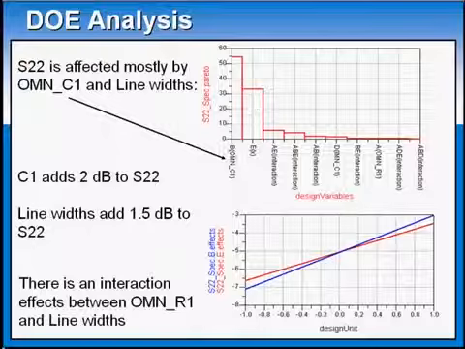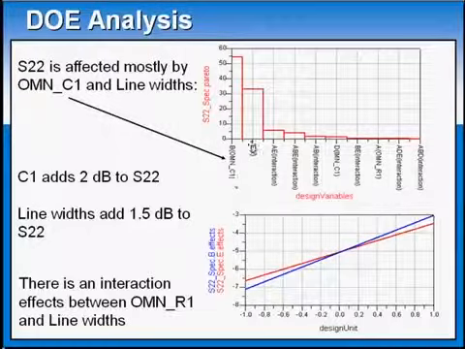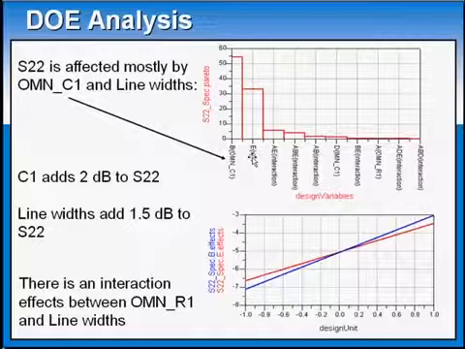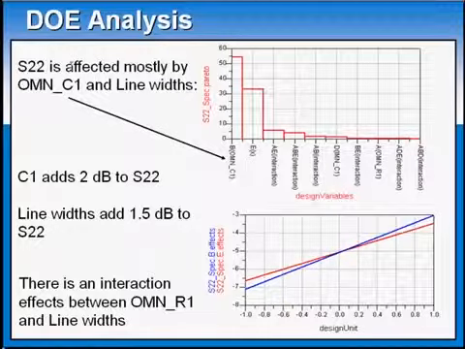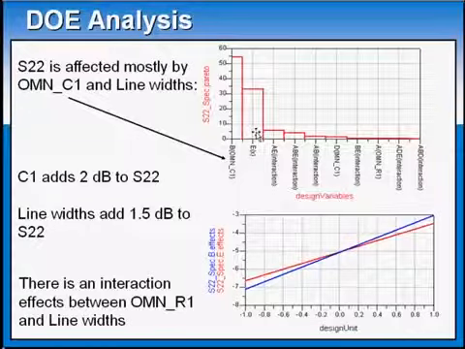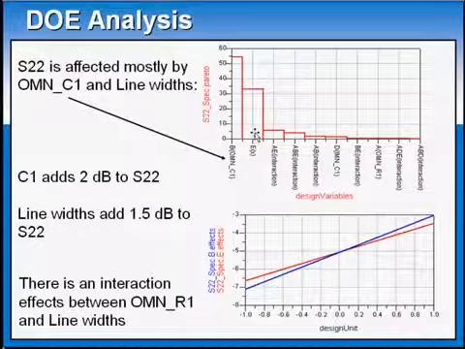So you can see that the two dominant components in S22 variation are capacitor C1 and the width of the lines.